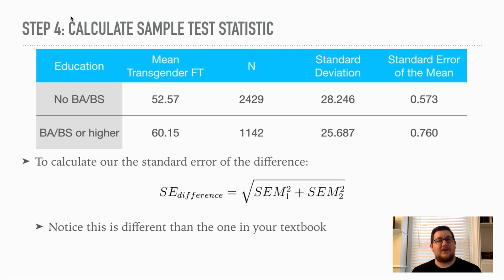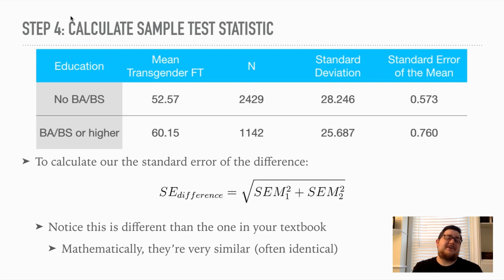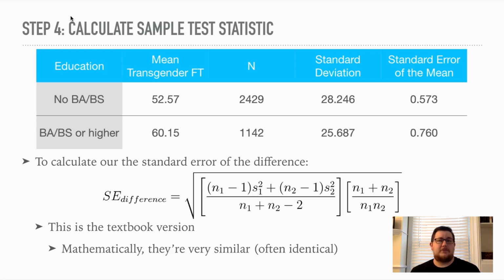It's different than the one in your textbook, though. That's a little bit hairier. Mathematically, they are very similar. Often, in fact, usually they're identical. Here's what the one in your textbook looks like. It's a lot different, right? It's a lot tougher. So there you can see that N1 would be the sample size for those without college degrees. S1 is the standard deviation.